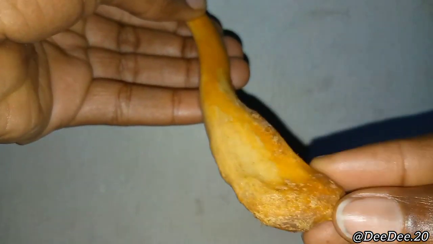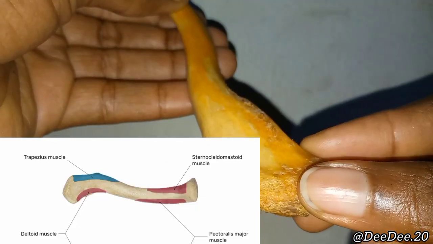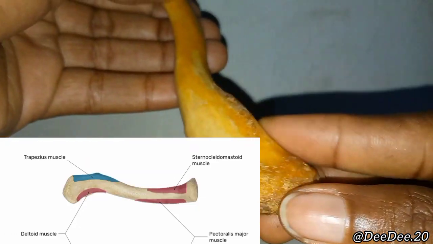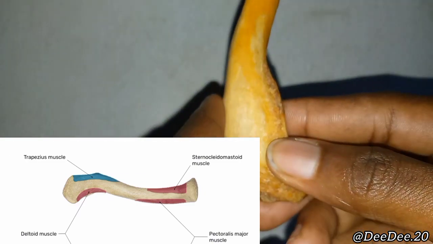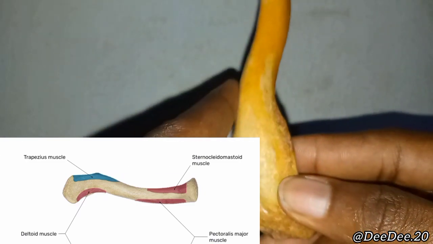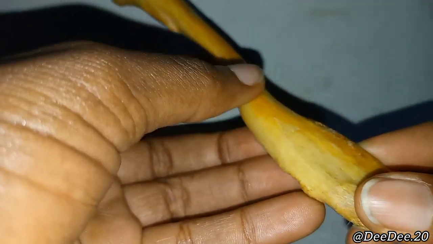Now let's go to the lateral one third. Anteriorly, which is concave, it gives origin for the deltoid muscle. Posteriorly, it gives insertion for the trapezius muscle.